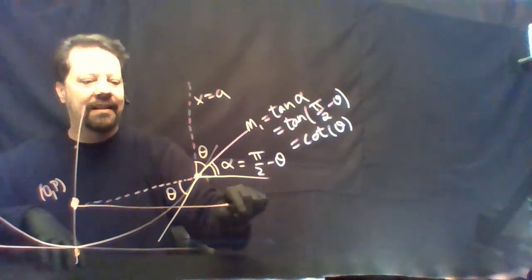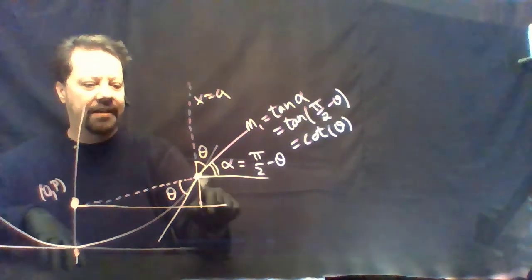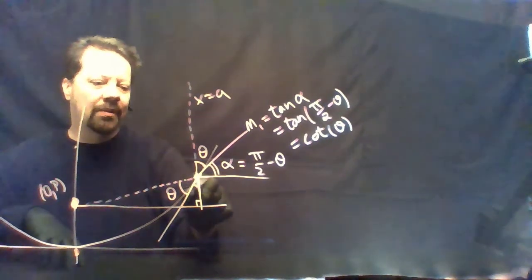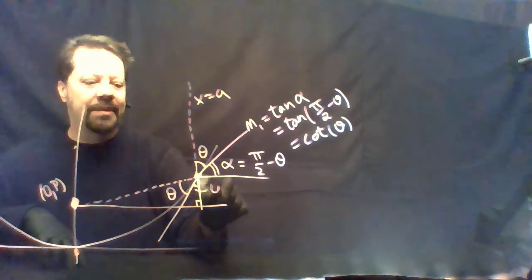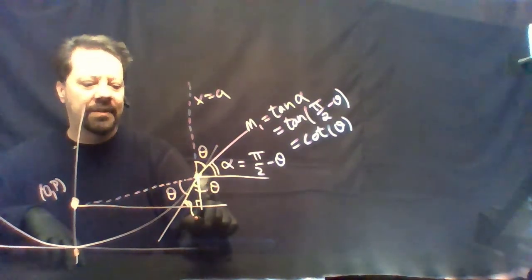Drawing a horizontal line over from the focus and a vertical line here, we have a right angle. Since vertical angles are equal, this angle must also be theta, and hence this angle must be alpha.